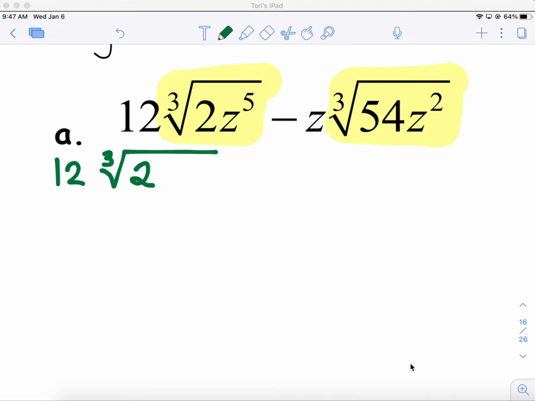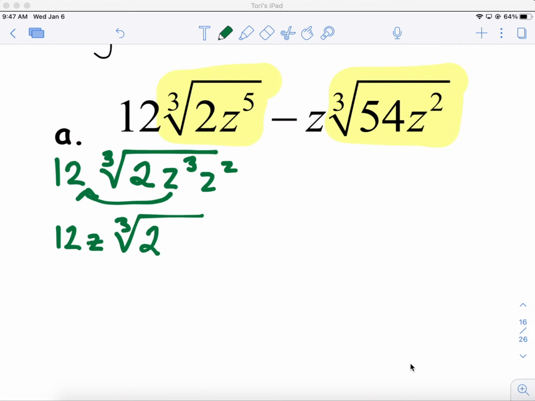Can't take a perfect cube out of that, but I do have a set of 3 z's and 2 left over. So this guy can come out. That would make 12z, and then cube root of 2z squared, okay? So we're trying to get cube root of 2z squared on the other side.